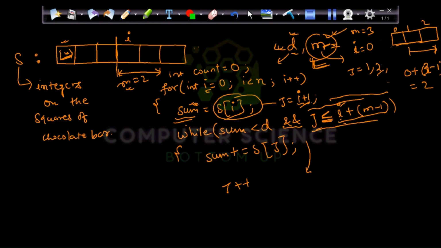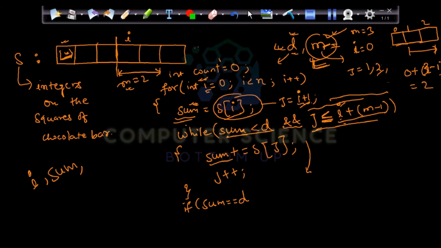So this is j plus plus. Now, how would you have come out of the while loop? Either your sum becomes equal to d or it becomes greater than d. If your sum is equal to d, then I am going to increase my count.